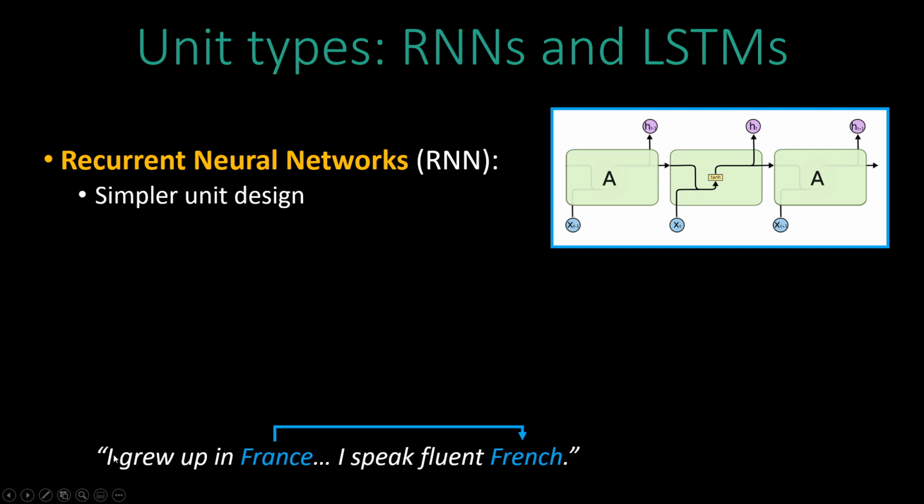For humans, it's relatively easy to read this sentence, and if you didn't know what we should fill in here, I grew up in France, I speak fluent X. If there was an unknown thing to predict, for a human it would be really easy to say, oh yeah, somewhere at the start of this sentence they talked about France. Okay, hence this is probably French.